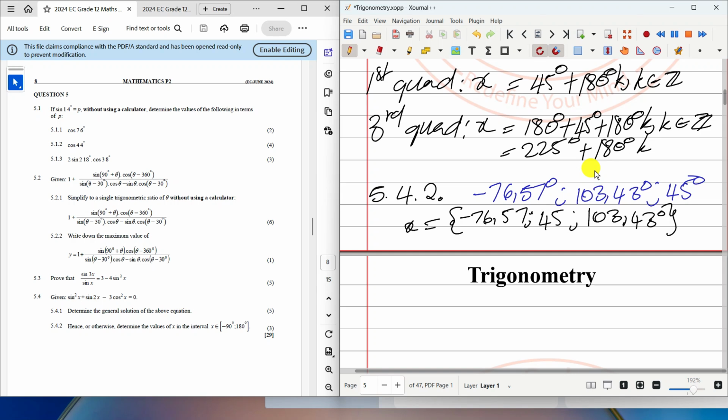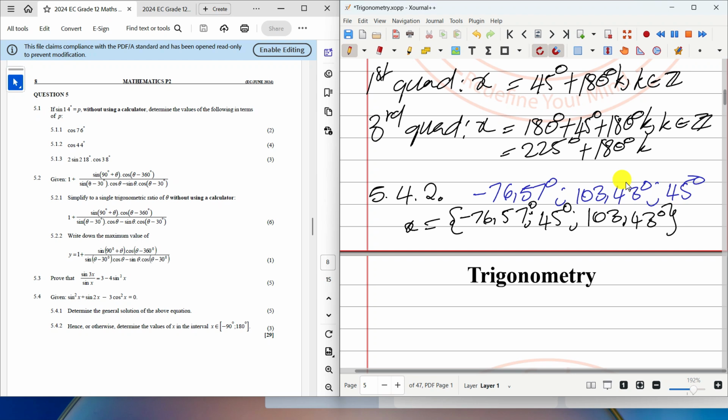You can also write them manually: x is negative 76.57 degrees, 45 degrees, and 103.43 degrees. It's okay. We are done at exactly 29 minutes. All right, guys, we are good to go.